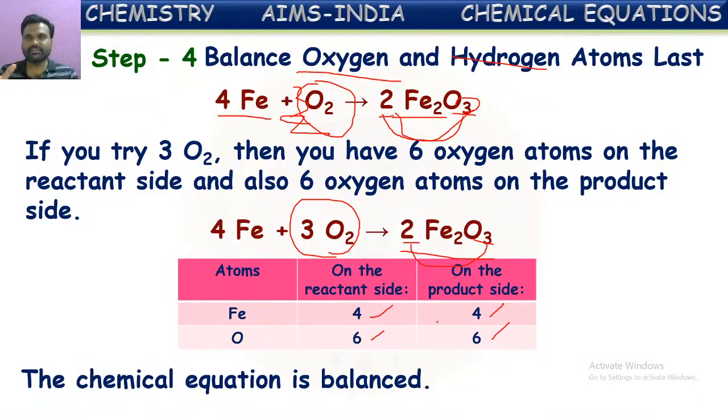If they are balanced, we can continue. If not balanced, then we can replace that simple number with another simple number. So we can start with numbers from 2, 3, 4 and so on. In that way, first we balance heavier elements and then finally elements like oxygen and hydrogen. These are the methods by which we can balance the equation in a simple way.